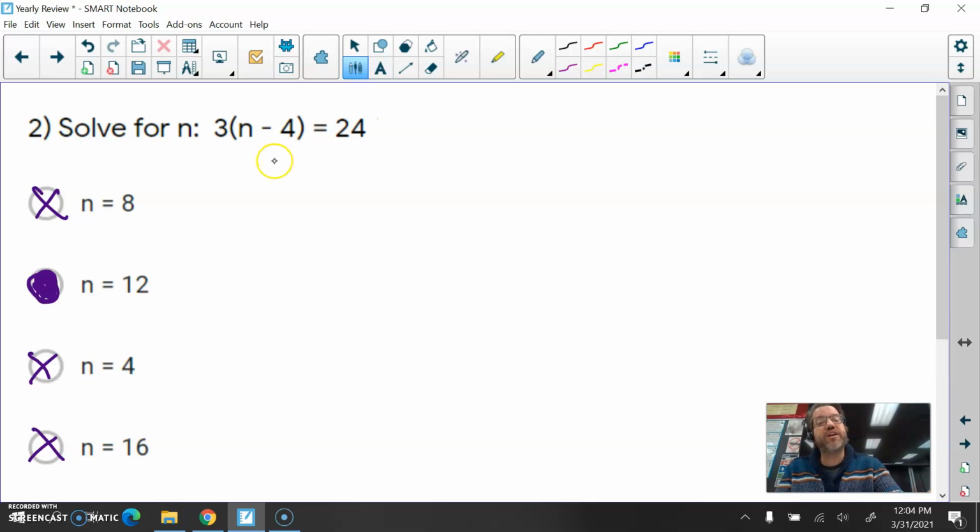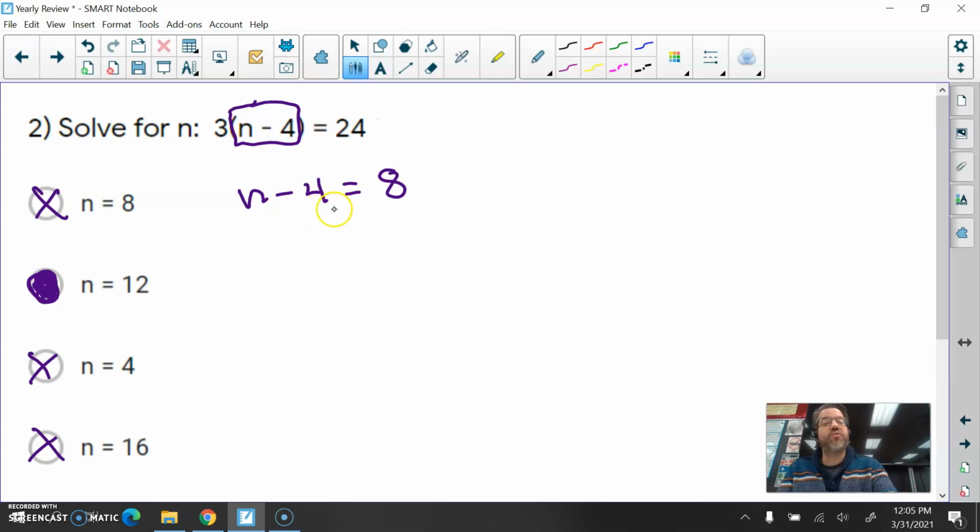There are actually a couple of ways you could do it. One way you could look at it is to say, well, look at n minus 4. What would n minus 4 have to equal to make a true statement here? 3 times what would equal 24? Well, 3 times 8 equals 24.